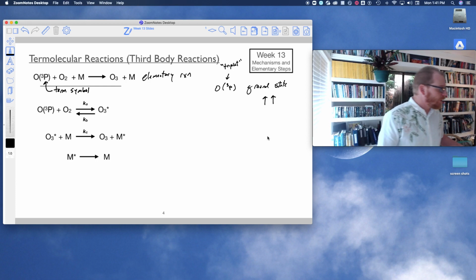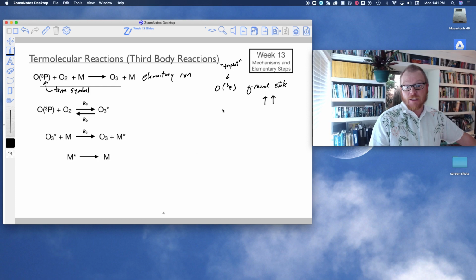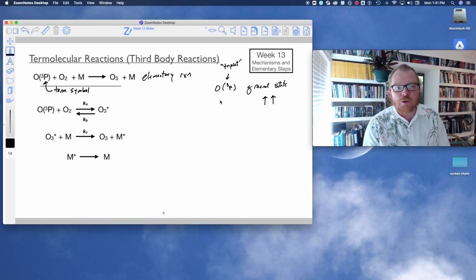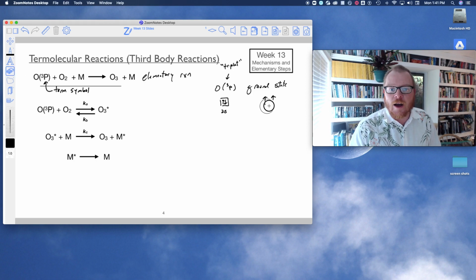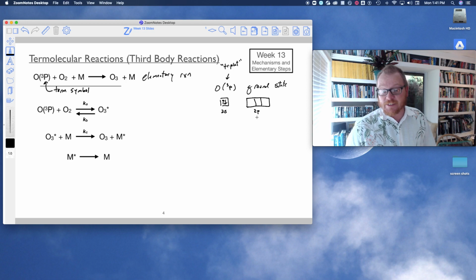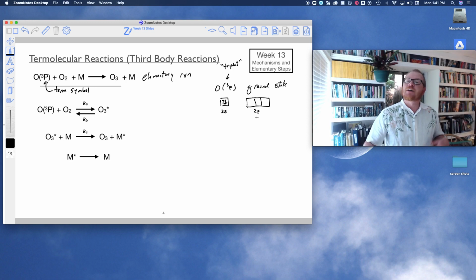Because if we look at oxygen's electron configuration, let me do that real quick. We've got the 2s level, which we know is spin up, spin down. Then we have the 2p level for oxygen, and we know there are 3 vacancies. Oxygen has 4 p electrons.